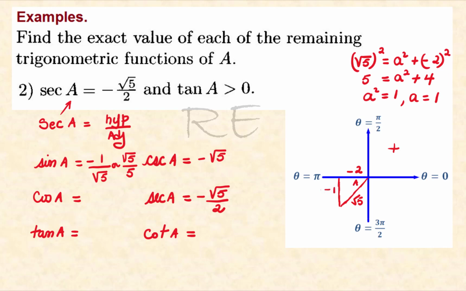Cosine is adjacent, negative 2, over the hypotenuse, square root of 5. When rationalized, it's negative 2 square root of 5 over 5. And secant A is given. Tangent is opposite over adjacent, negative 1 over negative 2, which is 1 over 2. And cotangent is the reciprocal, which is 2 over 1.